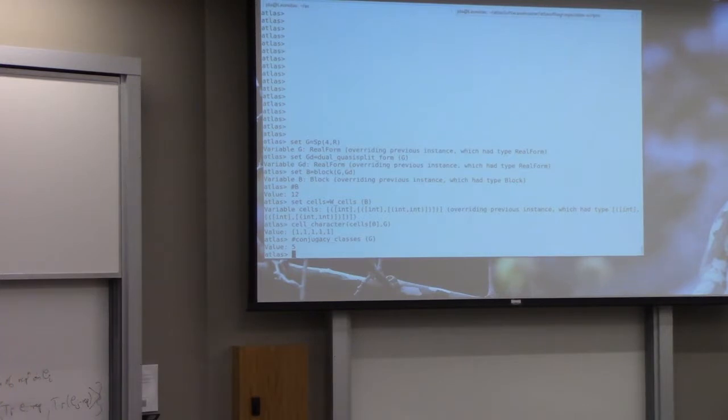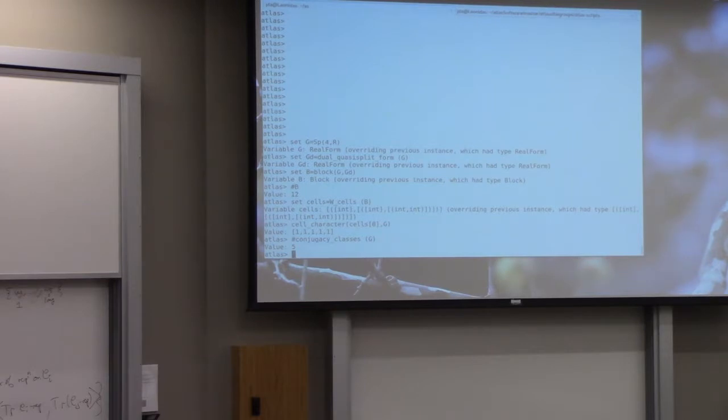Sorry. The number of conjugacy classes of W is 5, and you list them as represented as W1 through W5, and W1 is the identity, and W5 is the long element of the Weyl group.